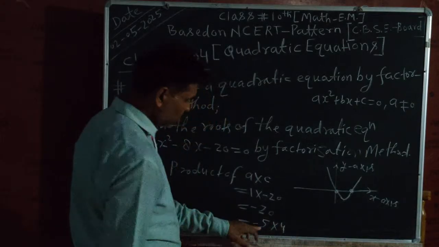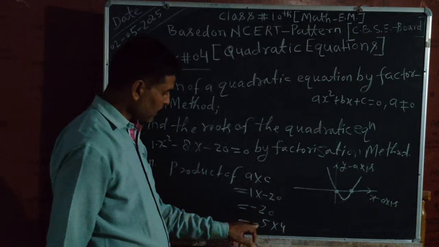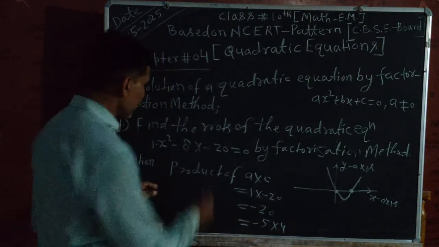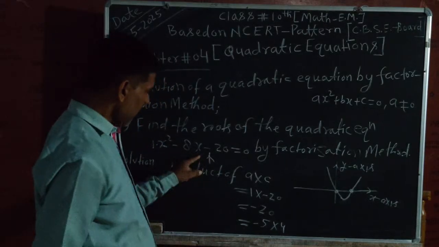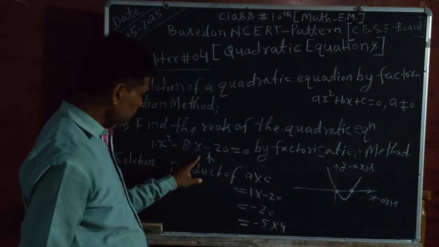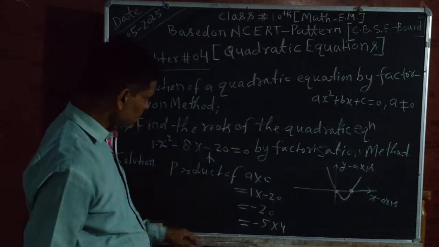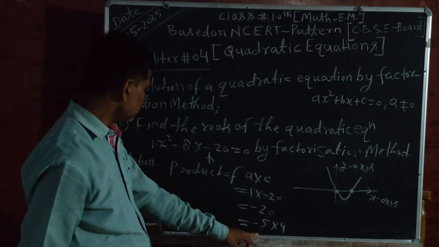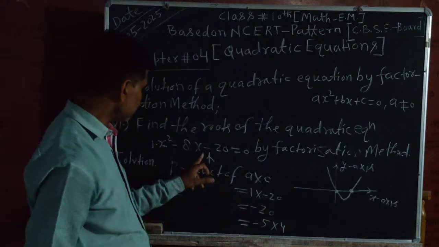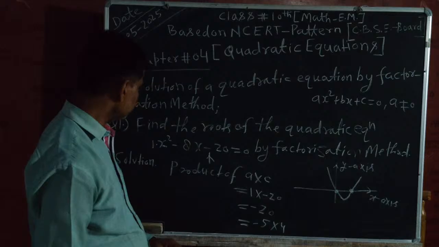After multiplication of 5 and 4, it will be 20. So minus 20, here the minus sign is available, therefore I will subtract. I will take 24, and since the minus sign is available, I will take its multiplication.